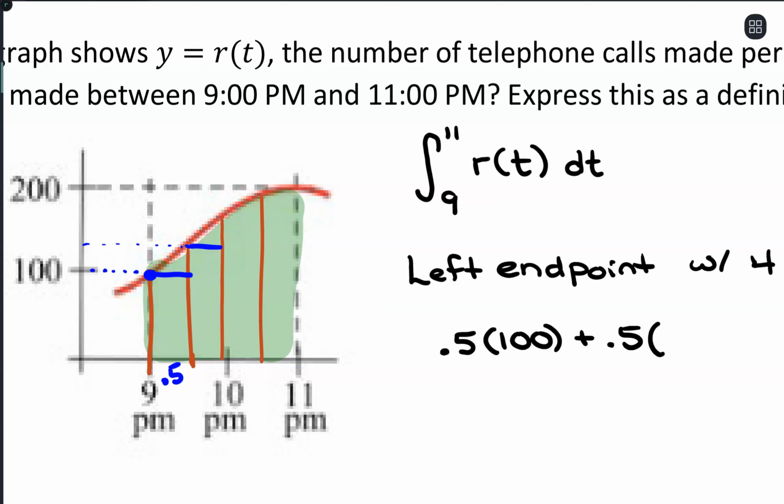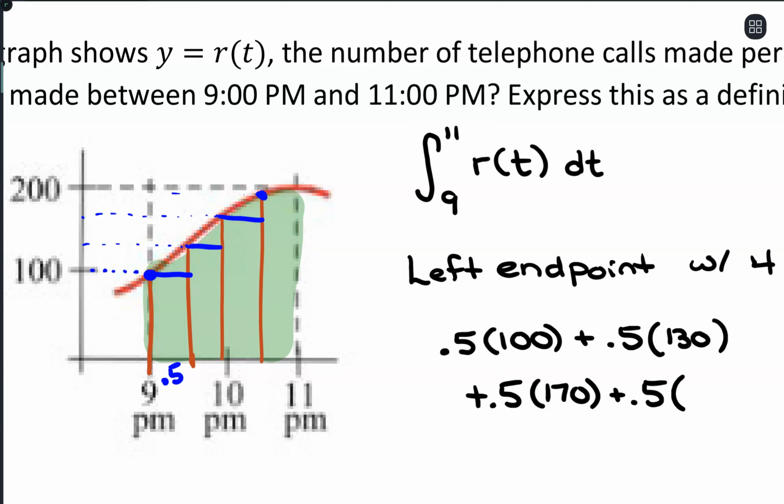Let's say 130, just about. And then I'm going to go plus 0.5 times the height at 10 p.m., which let's say is 170. I'm really estimating here. Okay, and then the last height is at 10:30 p.m., which is just below 200.